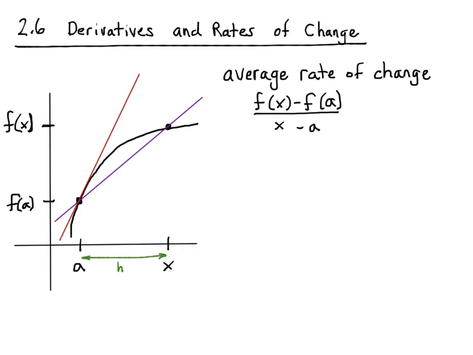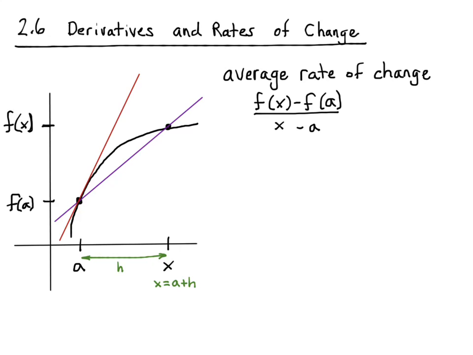So now I'm going to introduce what I used to call delta x. I'm going to call it h, just because h is a little bit easier to write. It's more compact. And so h is going to be the difference between a and x, or the distance between a and x is h. And so if I make a substitution here, I can say that x now is just a plus h. So a is the point that I'm interested in.